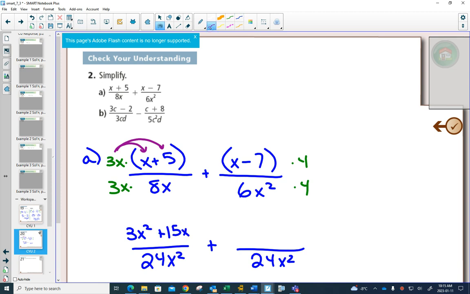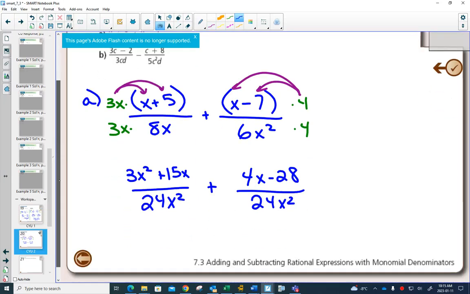And same thing in the second one, that 4 is going to have to distribute, which gives you 4x minus 28. This is why this is sort of the next level. We have a little bit extra algebra to do in the top. We're not introducing new algebra. These are algebra rules that you've learned since grade 9, but we practice them and make sure that we're not making mistakes along the way.